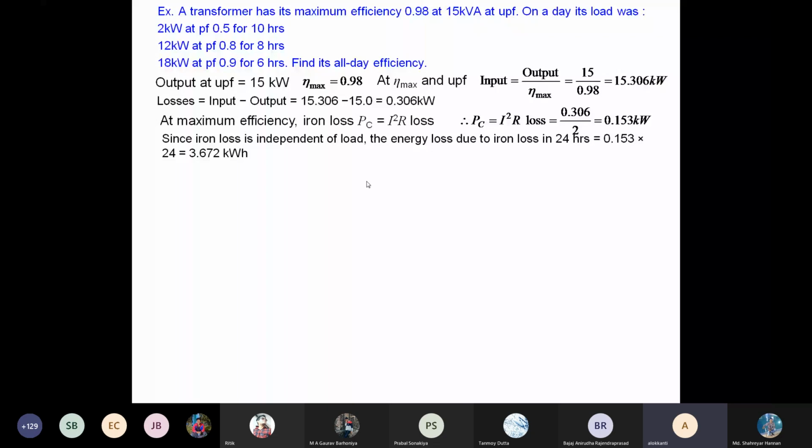Now that is the hourly variation of the load. For 10 hours, it was a certain kilowatt; for 8 hours, a certain kilowatt; for 6 hours, a certain kilowatt. So you have to calculate the different energies consumed by the load.